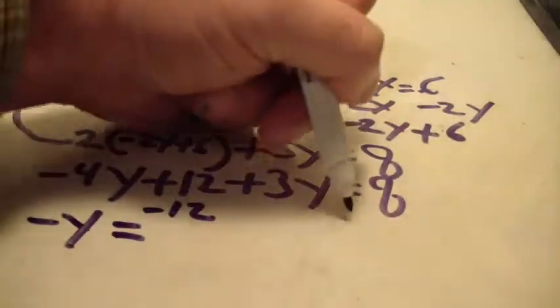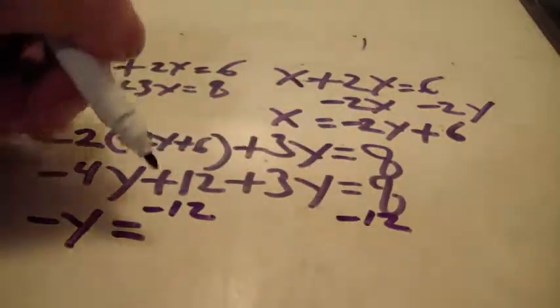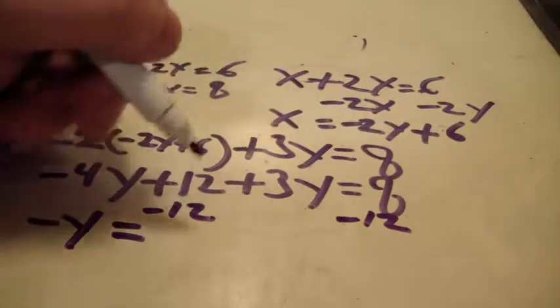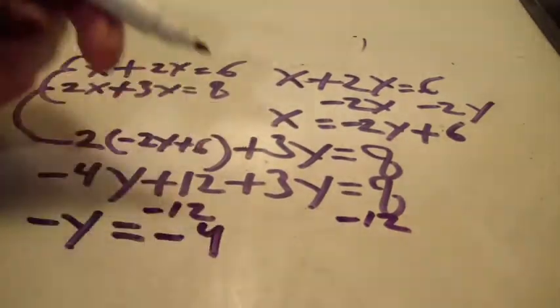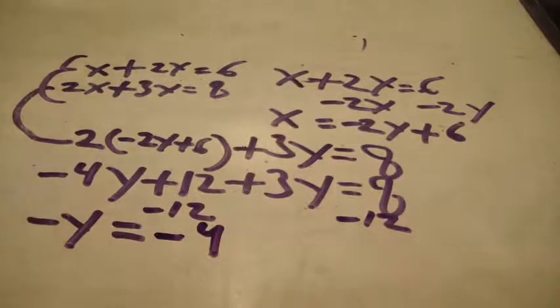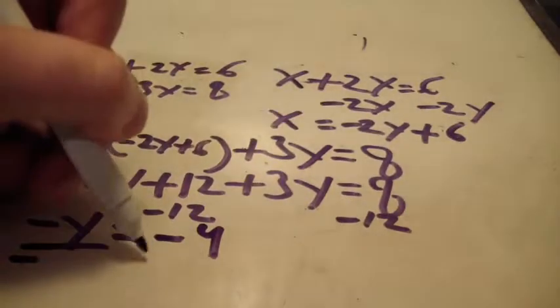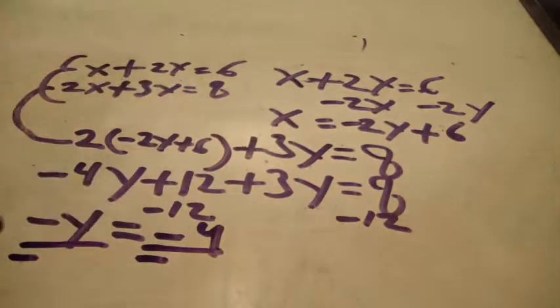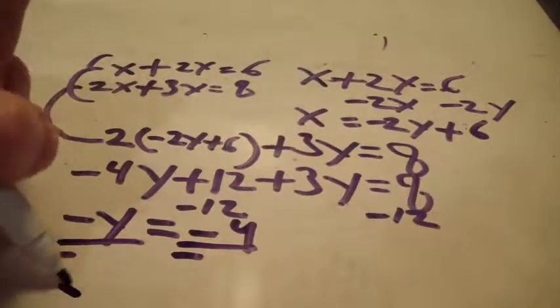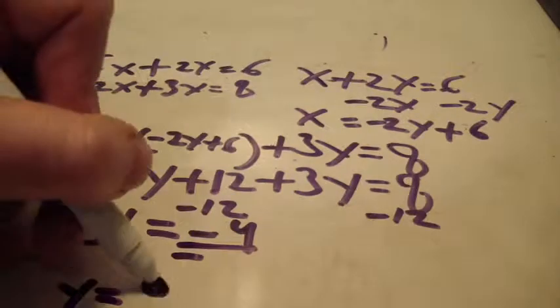We know all this stuff. These are just steps you should already know by now. And we have negative y equals negative 4. We simply divide by a negative, giving us y equals 4.